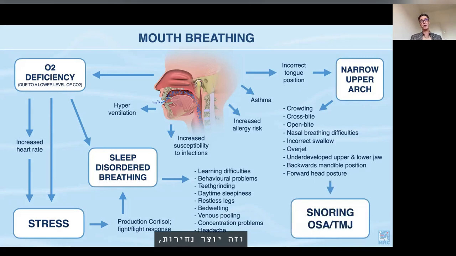And this creates snoring, obstructive sleep apnea, and TM joint problems as well. So this is the full circle of how mouth breathing is affecting the full body, the full system. And therefore it's needed to do exercises as well, by wearing the different appliances at nighttime and during the day.